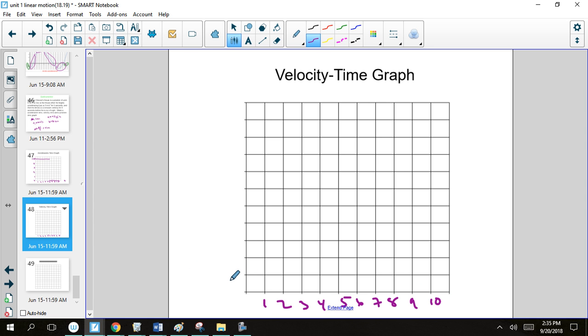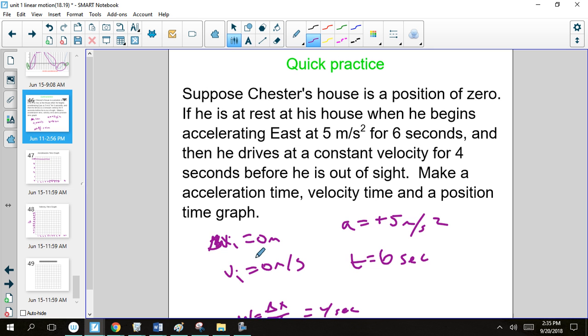Let's say it's going up by 5 meters per second, so 5, 10, 15, 20, 25, 30, 35, 40, 45, 50. This is meters per second. This is just seconds.